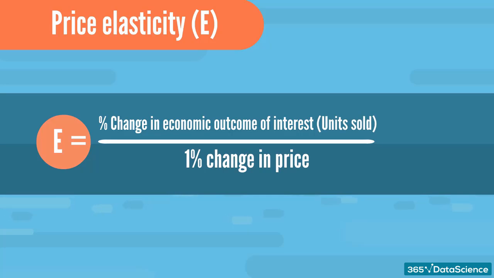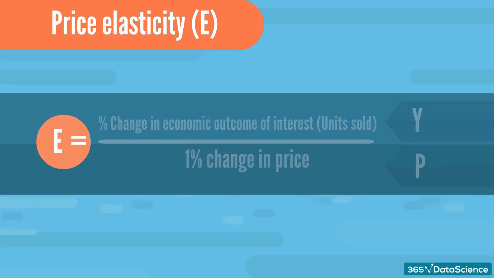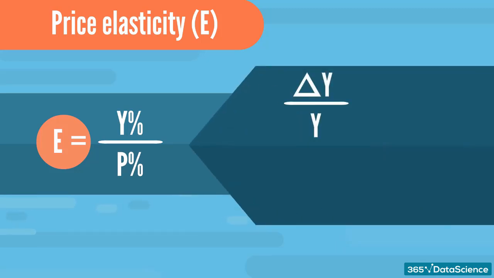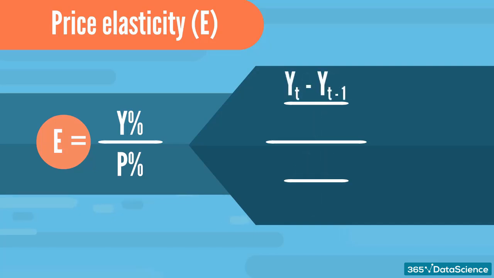Let us denote the economic outcome of interest with Y and price with P. Then, the price elasticity of Y must reflect the percentage change in Y in response to a 1% change in P. We can obtain that by taking the percentage change of Y and dividing it by the percentage change in P. Well, the percentage change of Y is the difference between its present and past value, divided by the past value. Similarly, the percentage change of price is the difference between the present and the past price, divided by the past price.